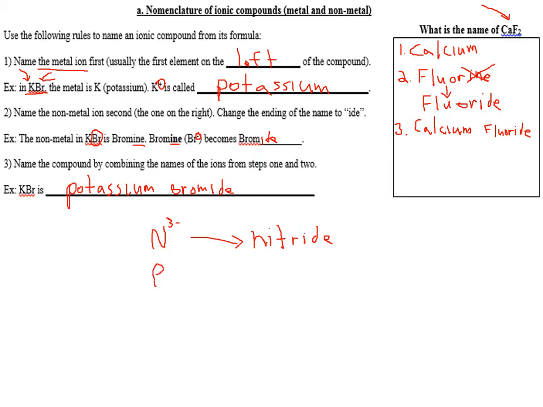When phosphorus becomes an ion, also 3- because it's in group 15, easier to gain 3 than to lose 5, it becomes phosphide. When oxygen becomes an ion, it becomes oxide.